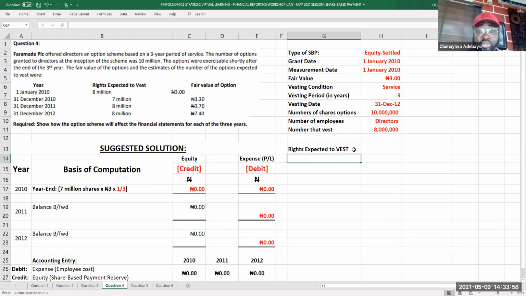And this is how I expect you to do it in the exam, for those writing the International Diploma in International Financial Reporting, so that you can just link and everything is obtained. Very straightforward. 2010, and 2012. What do we have? We have 7 million.